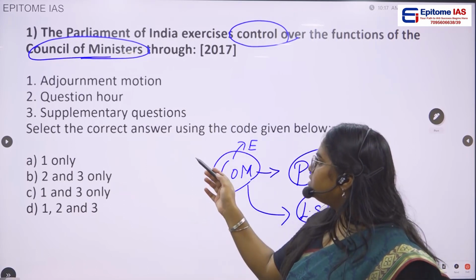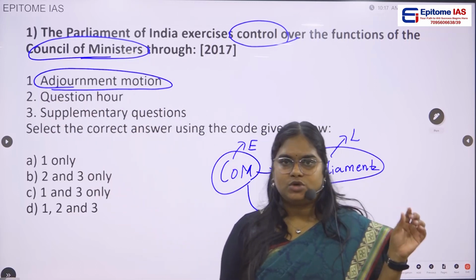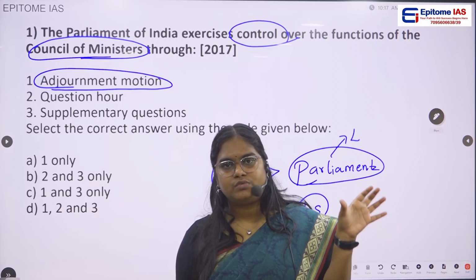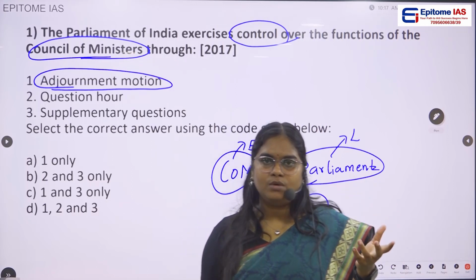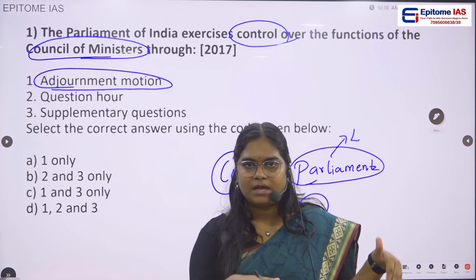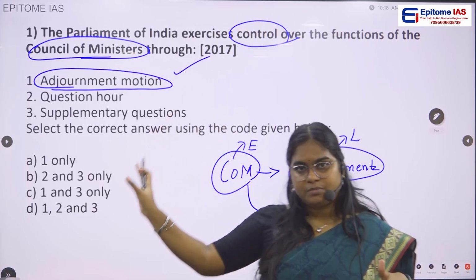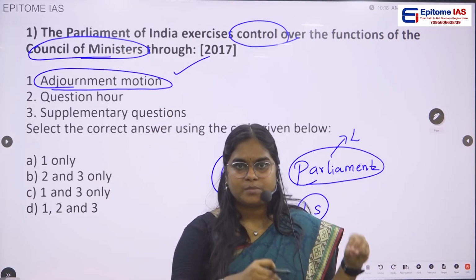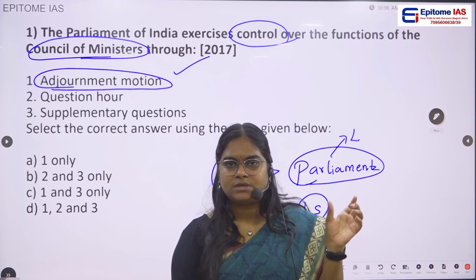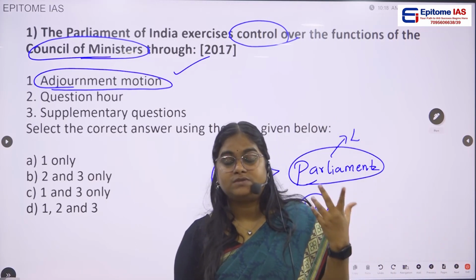Okay, so if you see here, first thing they have given is adjournment motion. The adjournment motion is one of the ways of exercising control over the Council of Ministers. How? Let us say there is normal business happening in the Parliament. When they move the adjournment motion, they stop the normal business and raise a question over some important public matter which is very urgent.